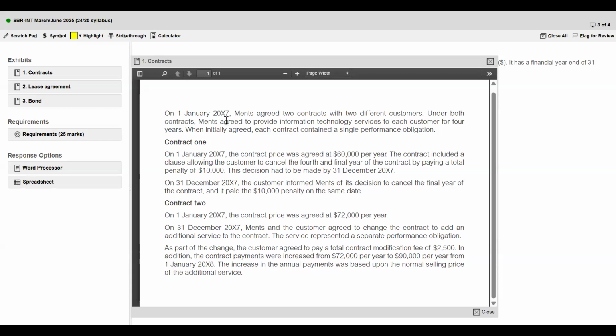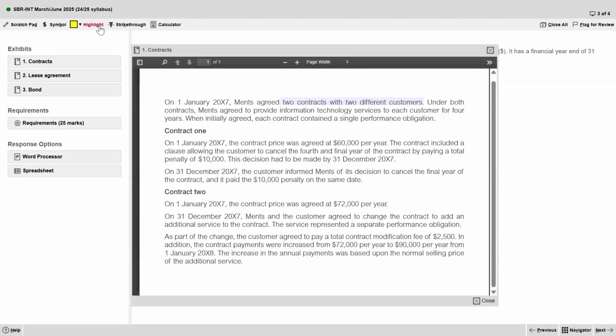Okay, on 1st January X7, Ments agreed to contracts with two different customers. Under both contracts, Ments agreed to provide information technology services to each customer for 4 years. When initially agreed, each contract contained a single performance obligation. On 1st January X7, the contract price was agreed at 60,000 per year. It's a 4-year contract.